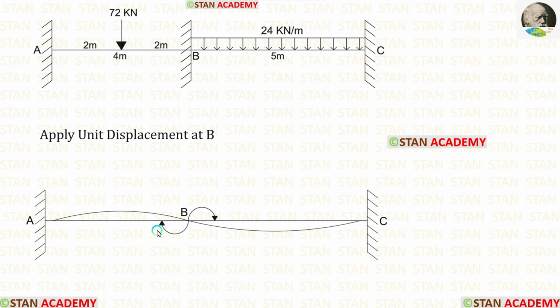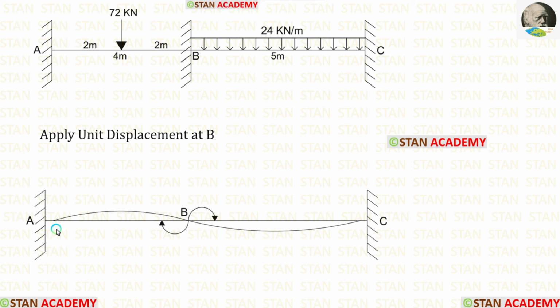Now we have to see the direction of the arrows. This arrow indicates upwards, so the curve comes above the span. This arrow indicates downwards, so the curve comes below the span.